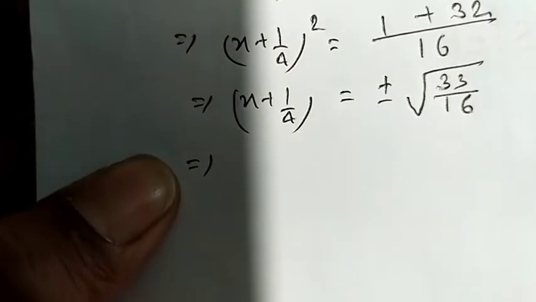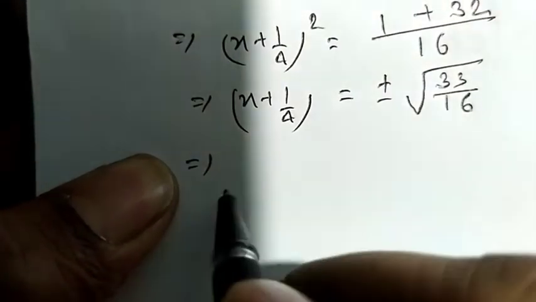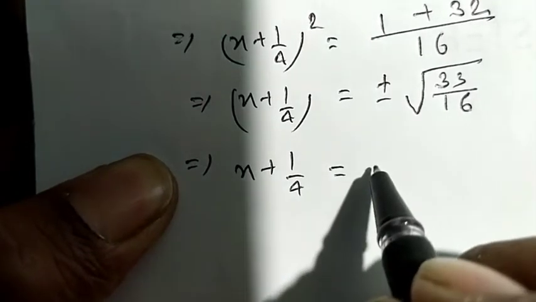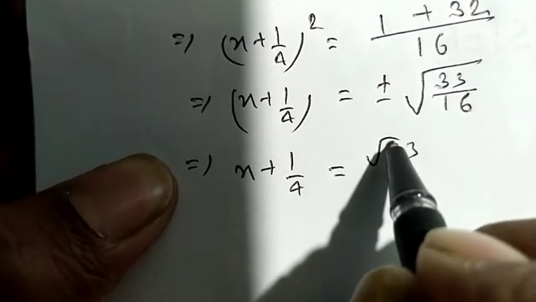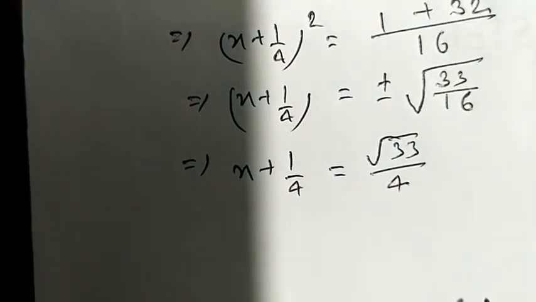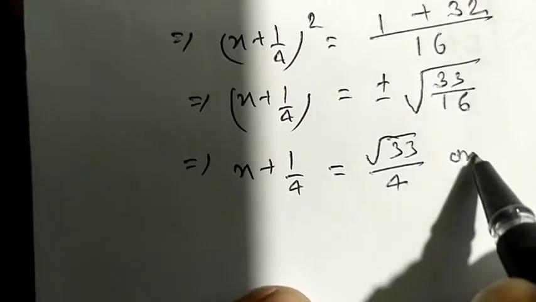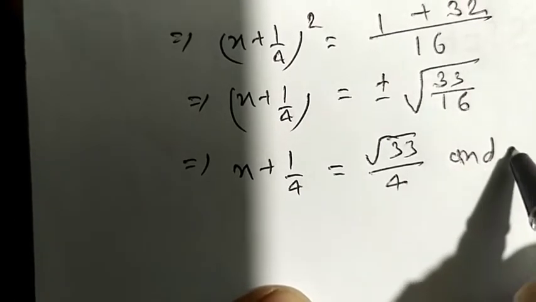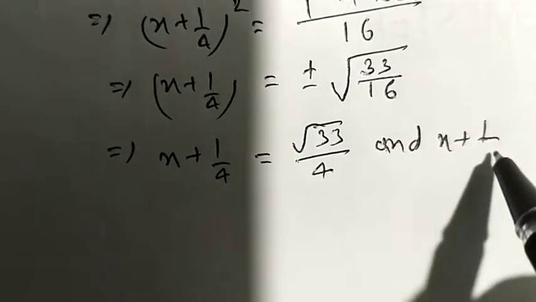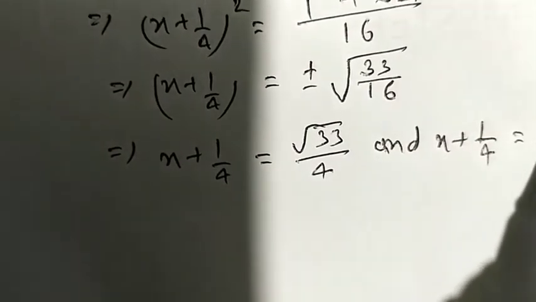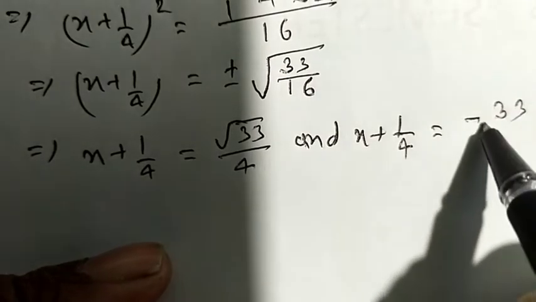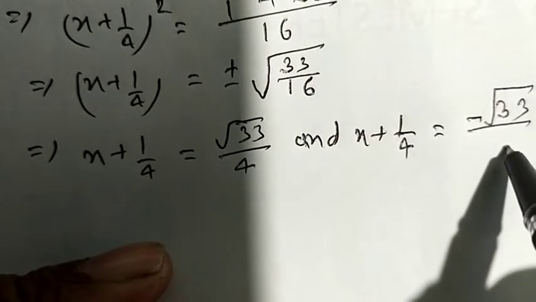Implies x plus 1 by 4 is equal to root under 33 by 4, the square root of 16 being 4, and x plus 1 by 4 is equal to minus root under 33 by 4.